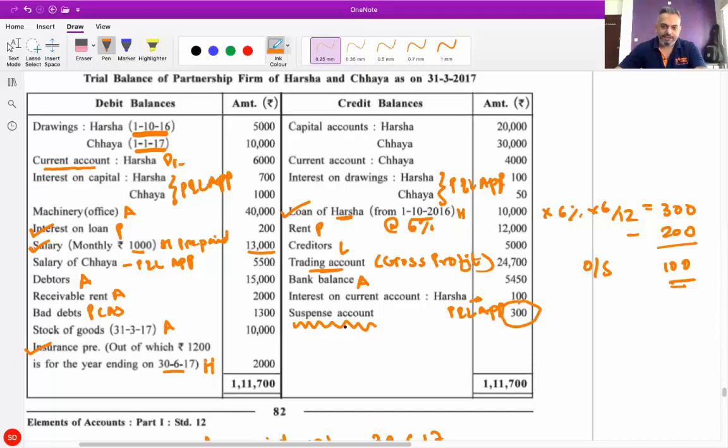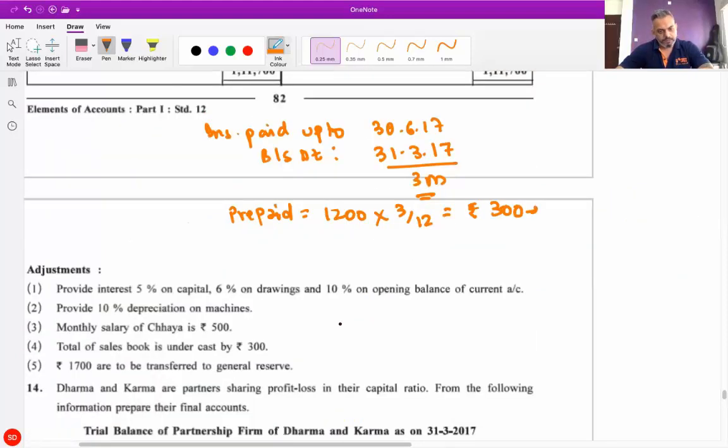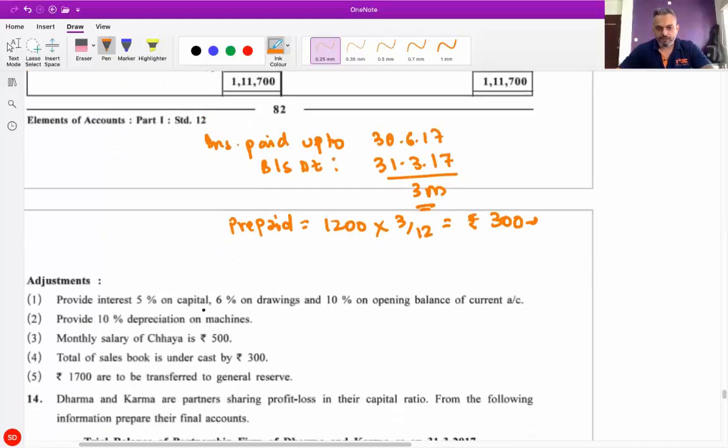Now we will see if we are able to find this error. If not, it is a credit balance, so it will be transferred to liability. I've just marked it, highlighted it. Now, provide 5% interest on capital, 6% on drawing, 10% on opening balance of current account.